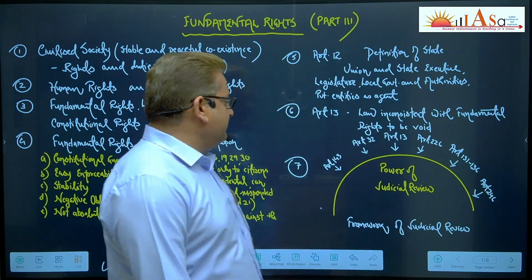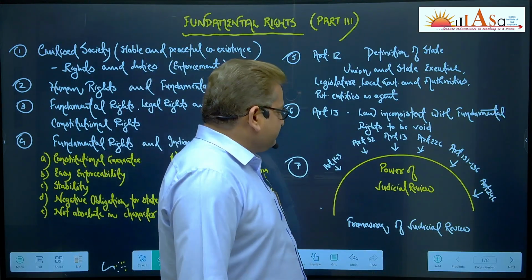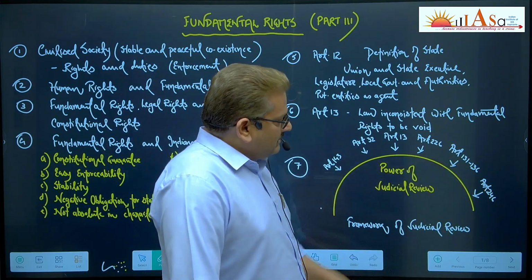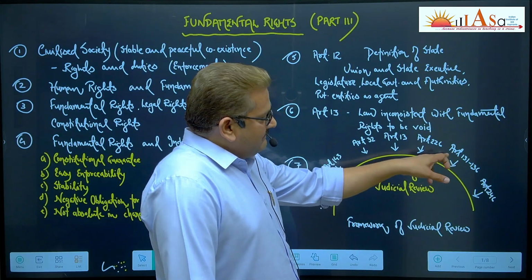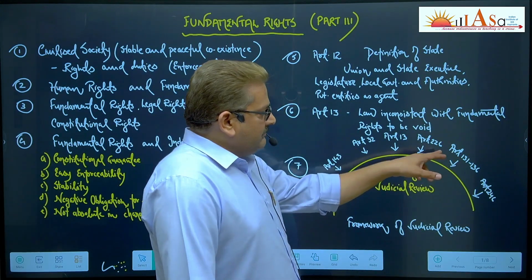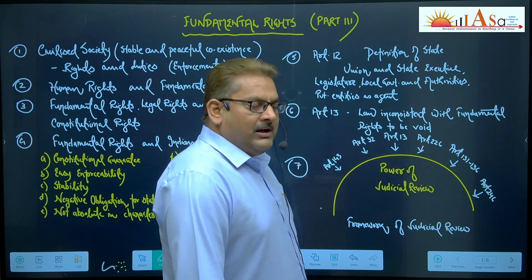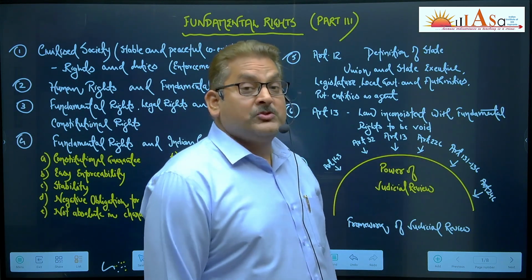For example, Articles 131 to 136 relate to the original and appellate jurisdiction of the Supreme Court.